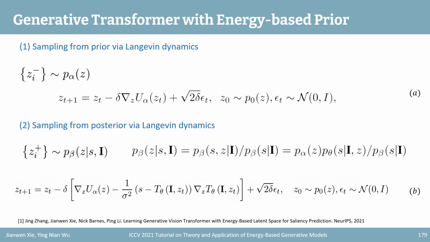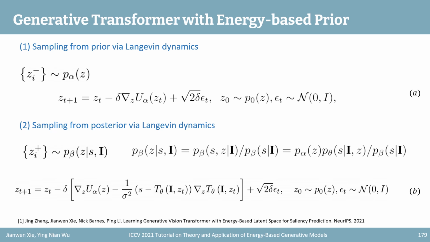We use Langevin dynamics, which is initialized with a Gaussian noise distribution p0 for MCMC sampling. To draw samples from the energy-based prior model, p_alpha(z), we iterate the Langevin step shown in equation A, which seeks to find z to minimize the energy function U(z).